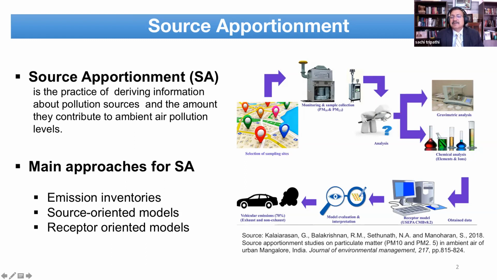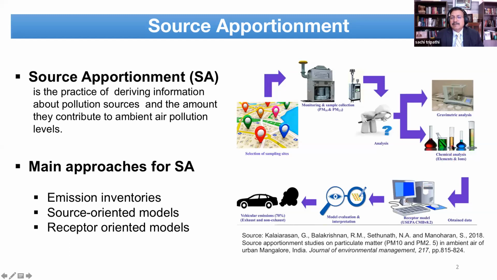There is a variety of chemical analysis one can do related to ions, organics, metals, etc. that we'll see in subsequent slides. And after that, this information is fed into the type of models you want to use. So it becomes input data.